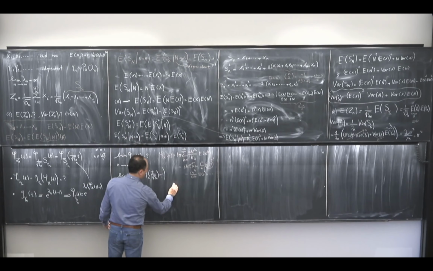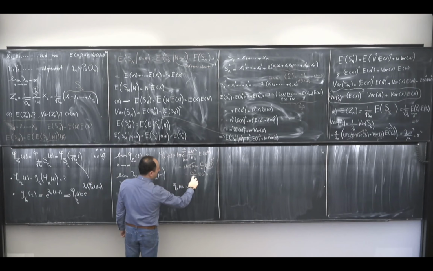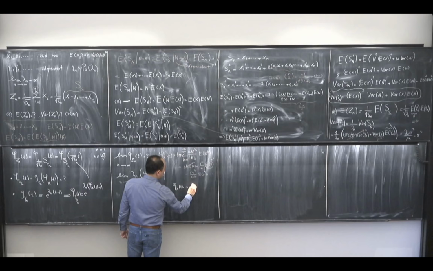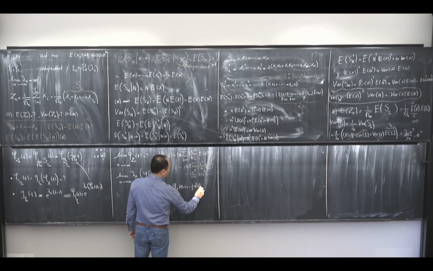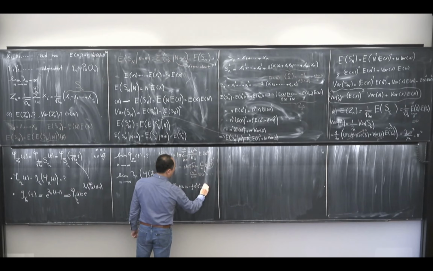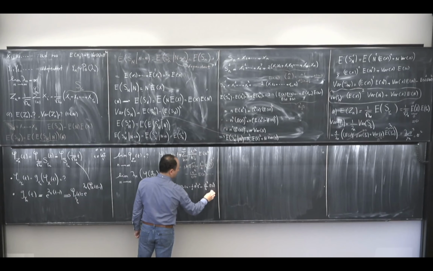So phi x of t minus 1 is this expression. Minus 1 over 2 sigma squared t squared. And then the next term will be i t cubed over 6 e of x cubed. And of course, other terms will have higher powers of t.